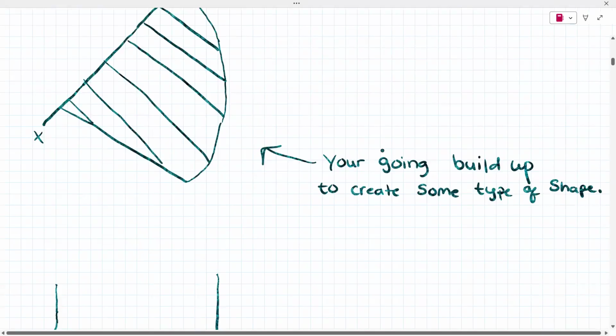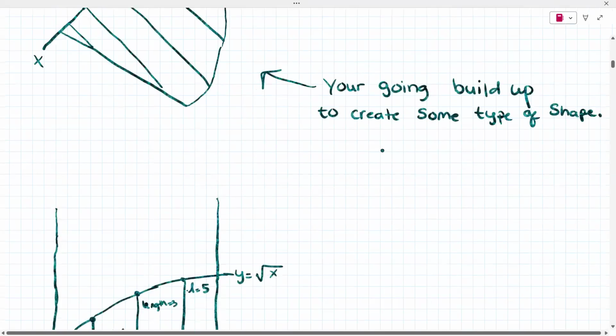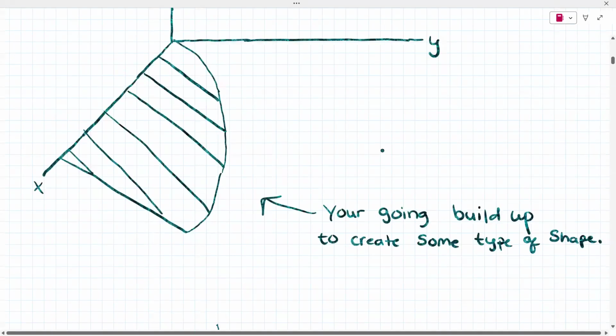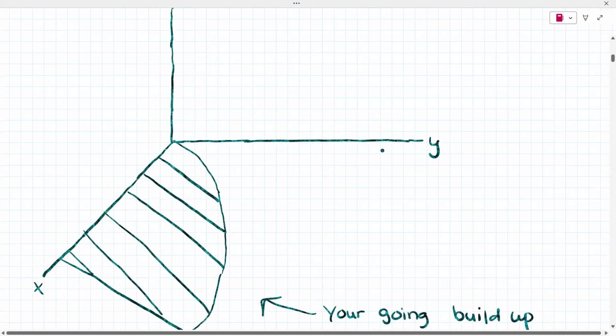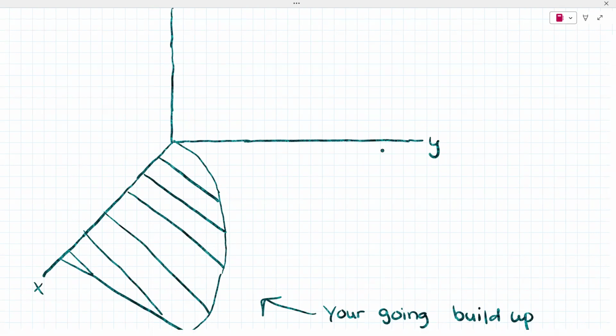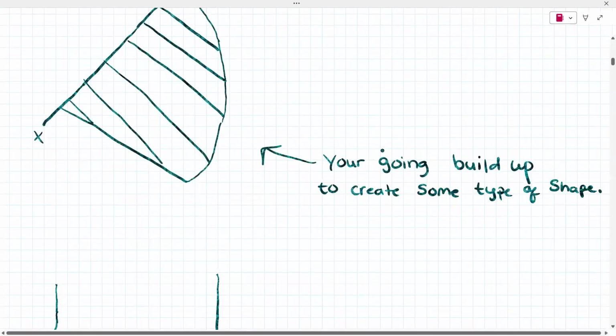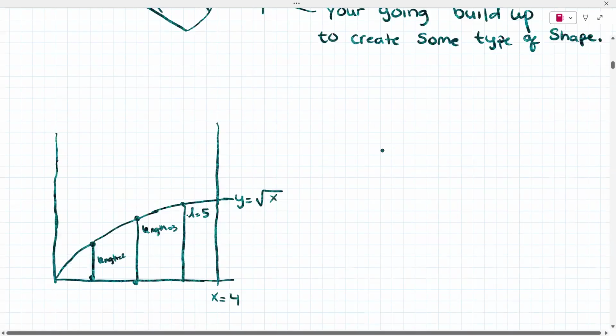So that's what we're going to do. With these shapes, you can make different things. If I took a piece from this image, like a square or a rectangle, that builds some type of shape.